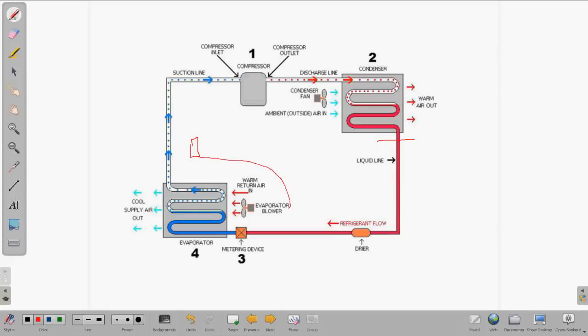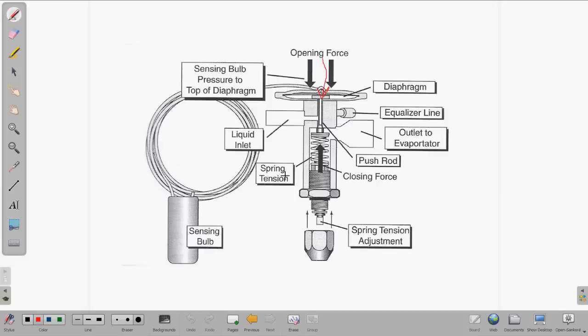So what should you see happen as this pressure increases on the TXV from the sensing bulb? You should see an increase of pressure on the outlet to the evaporator. So if you dunk this in hot water and you're still down at 30 degrees on your saturation temperature and it's not raising up, you know you have a bad TXV.